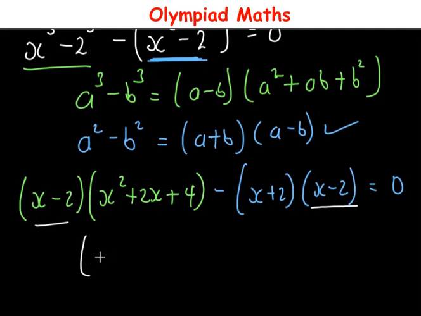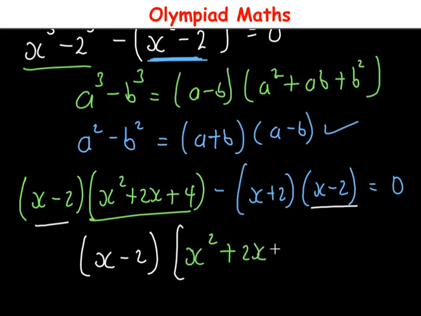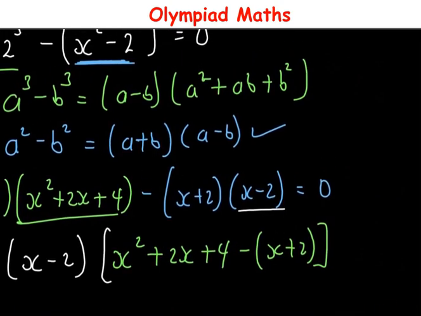We have (x minus 2). So we are left with x squared plus 2x plus 4. Then we are left with minus (x plus 2). All of this is equal to 0.